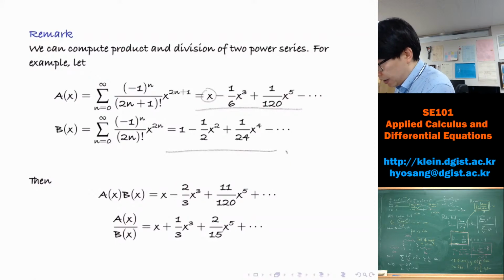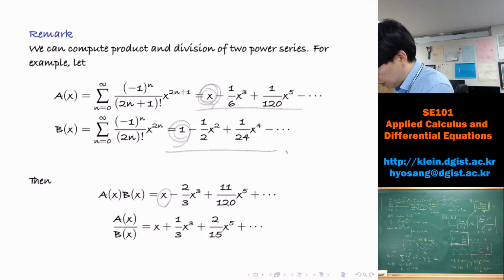When you multiply these two power series, try to find the lowest term created by multiplying them. You have a zeroth degree and first degree term, so the lowest term must be degree 1. That's obtained by multiplying x and 1.